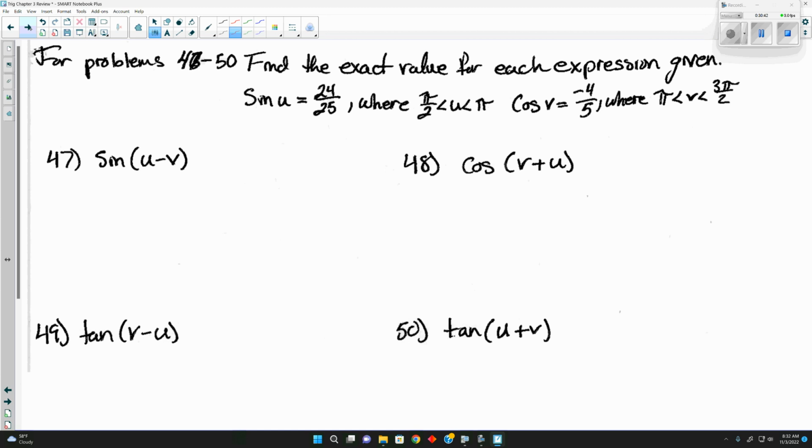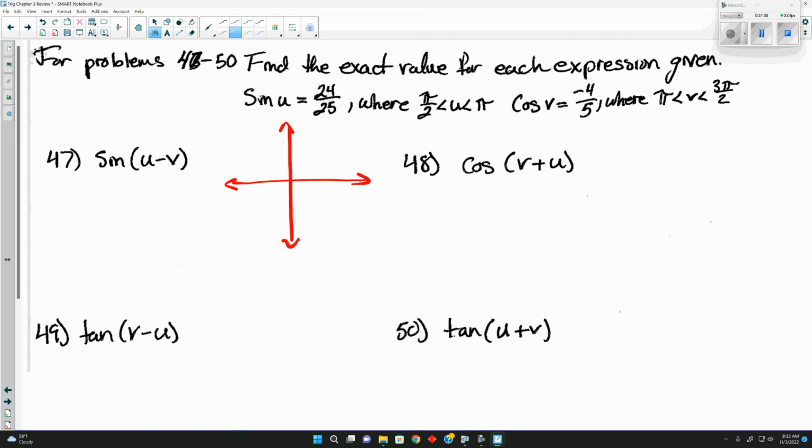Now, all of these here, there is a setup similar to this on the test, and it's not too bad because the values of U and V are going to be the same for all four. You're not going to have to re-find the triangles with each one that you do.